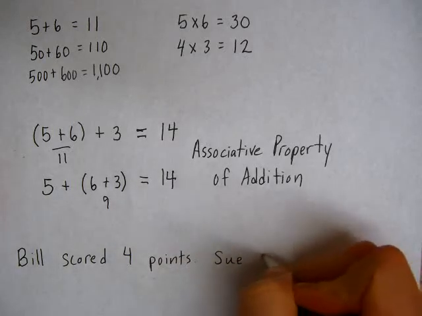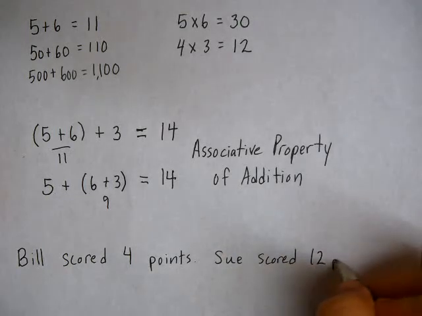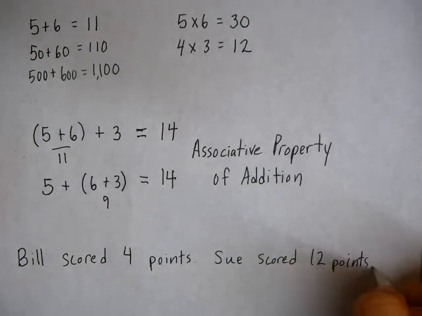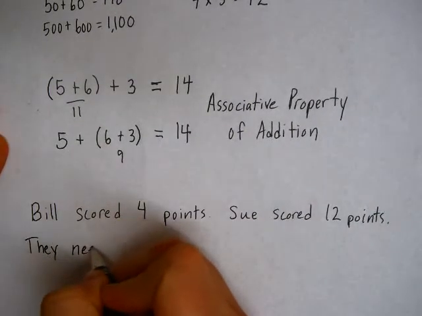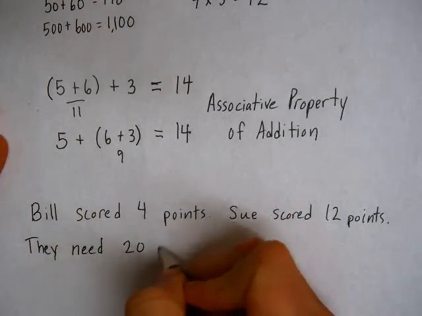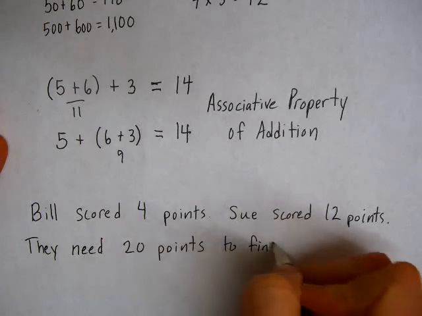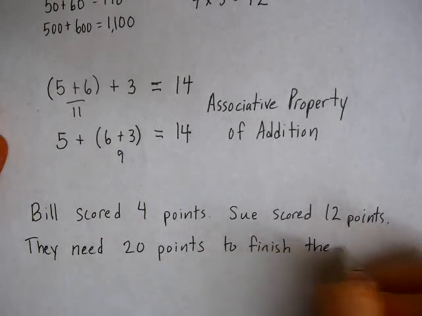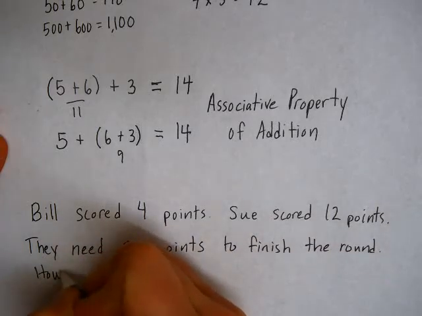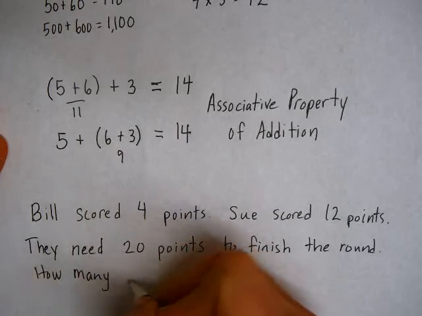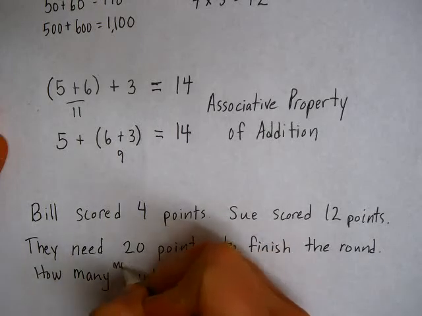Sue scored 12 points. They need 20 points to finish the round. How many more points do they need?